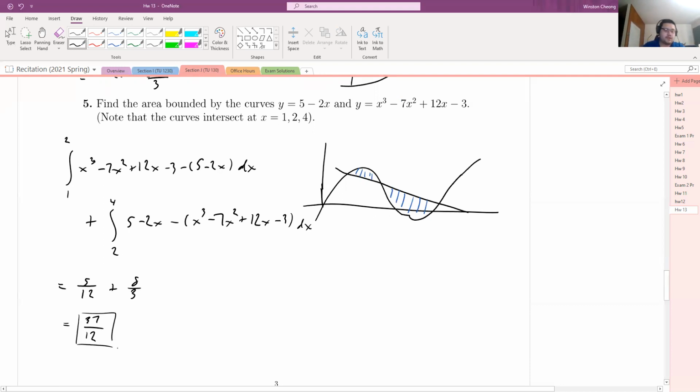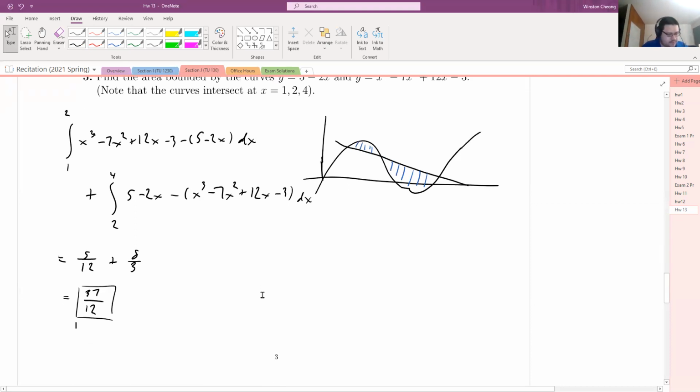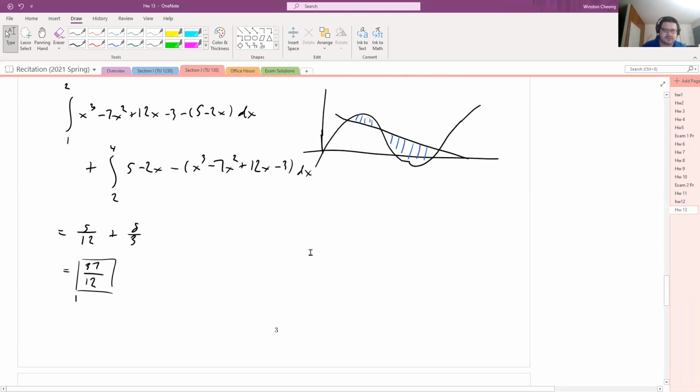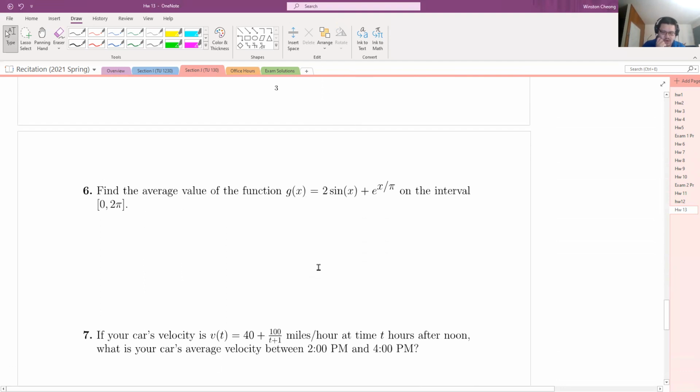And I'll leave it to you to fill in all the work necessary to actually get these two numbers. It's just a calculation. It's not complicated, just tedious. Tedious is the word I would use for that.